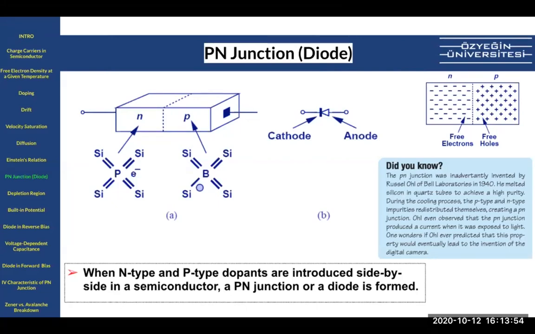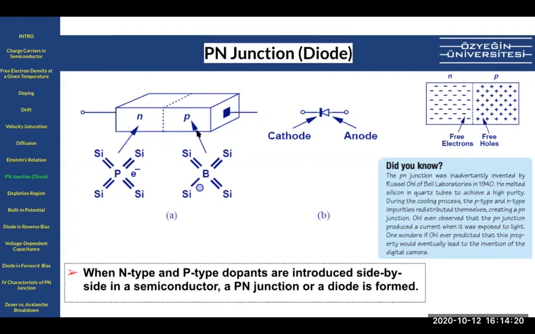So there is a p part and there is an n part of the junction, and the p part is doped with borons or any kind of acceptors, and the n type is doped with phosphorus or similar donors. So when we dope it like that, basically we provide holes and electrons at either side of the junction.